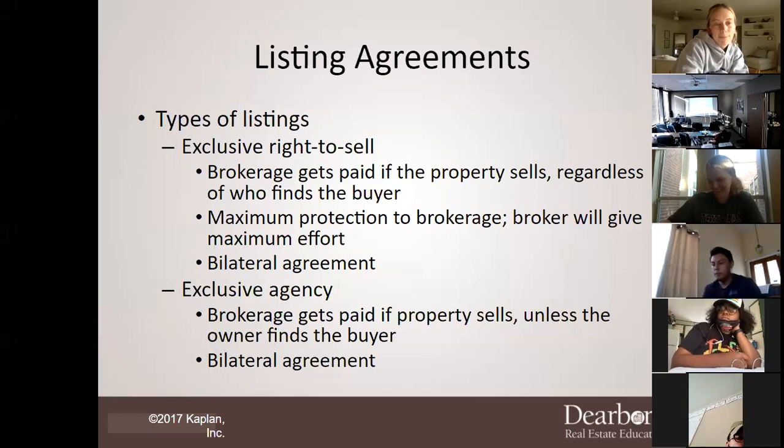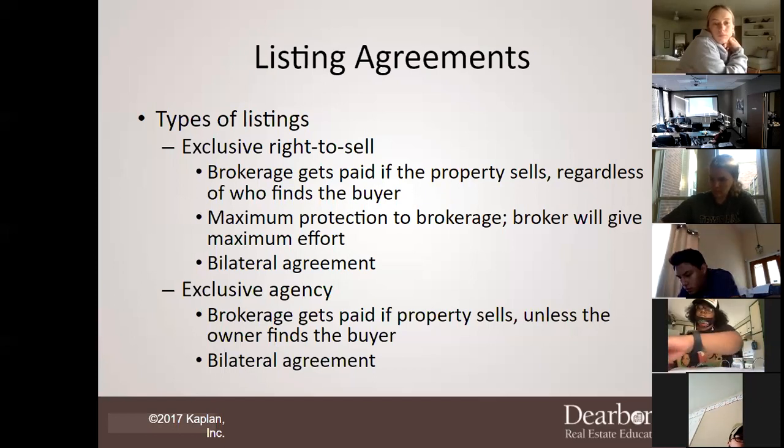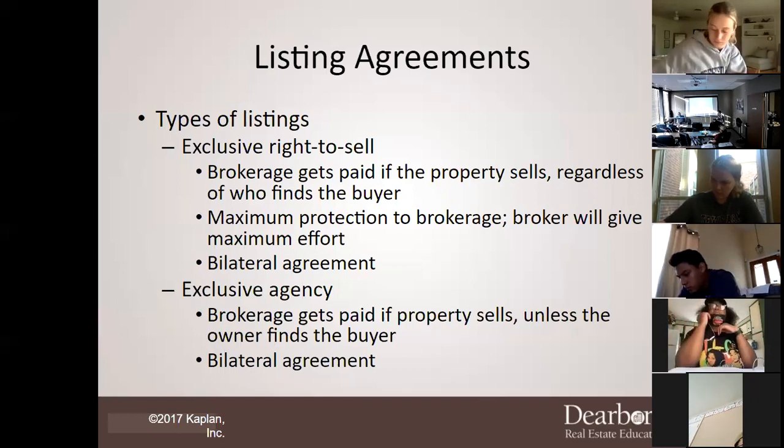The seller and buyer? No. Who's selling the property? Who's getting to sell the property? Oh, the agent, right? Or the brokerage. Yeah, there you go. I thought it was between the buyer and seller, like the 10-day option. That's what I was thinking.